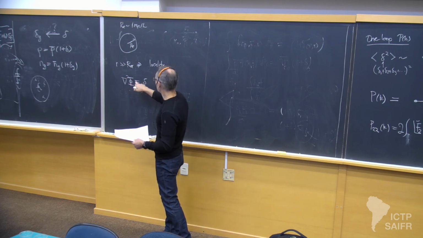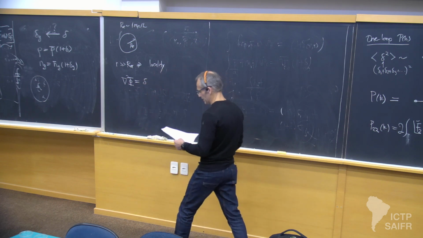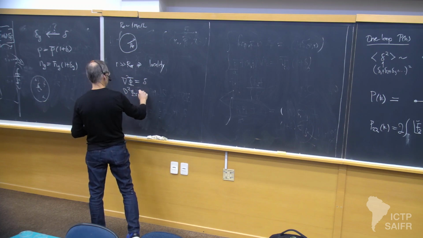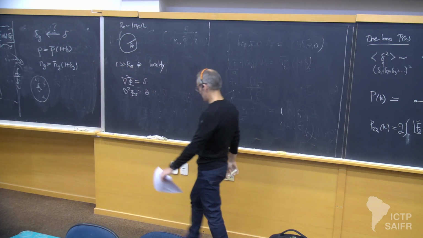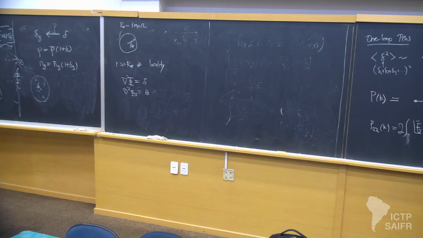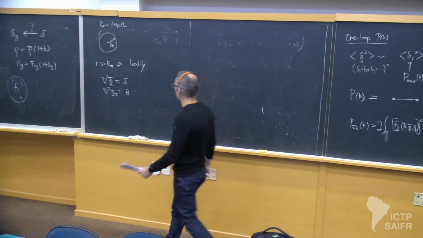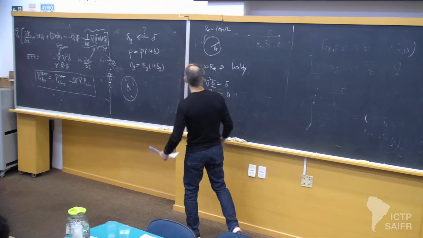I'm redefining it so that there is no coefficient here, okay? And you can do the same for the velocities. So you can have a velocity potential. The Laplacian of the velocity potential is the divergence of the velocity field, which is this theta that we are using now.